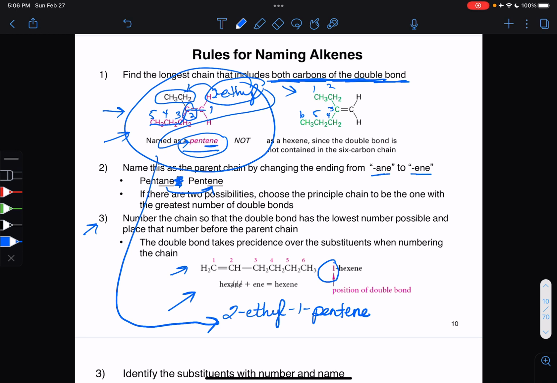You will also see it written as 2-ethyl pent-1-ene. That's like the new way to do it that IUPAC says is even more precise because the 1 is by the ene, and then you know that the 1 definitely goes with the location of that double bond.